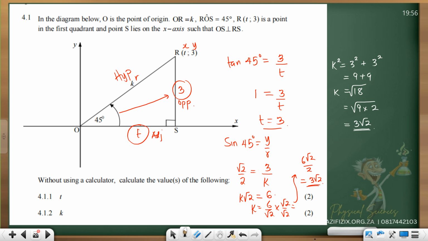Are we okay? All right. Time will not allow us, but let me see if we can do one small one. Let me look for it. One small one.